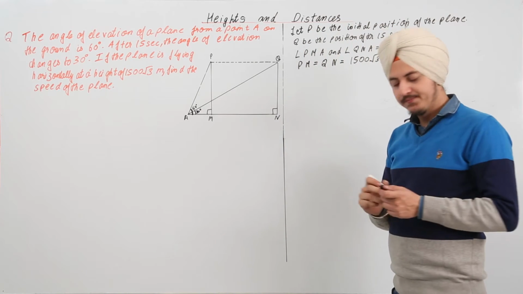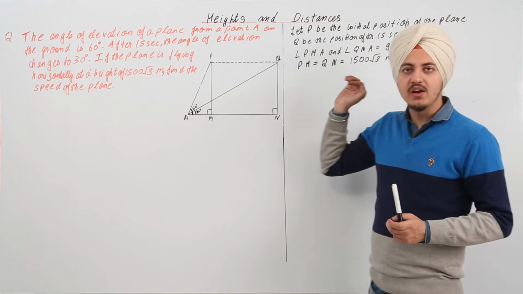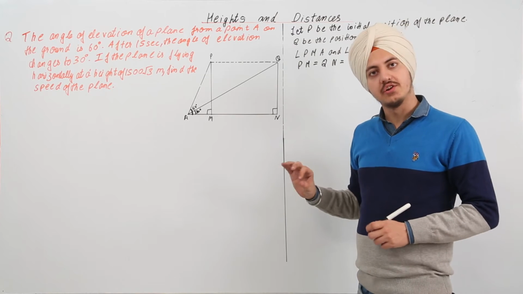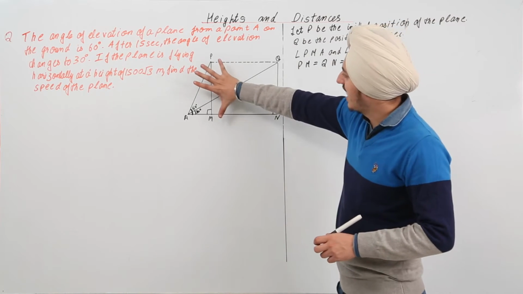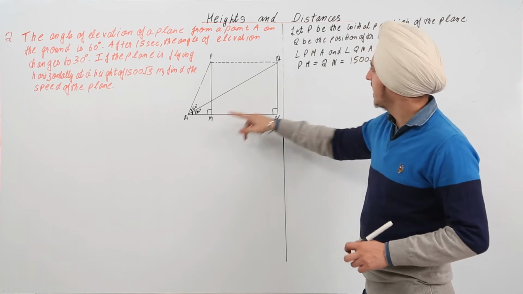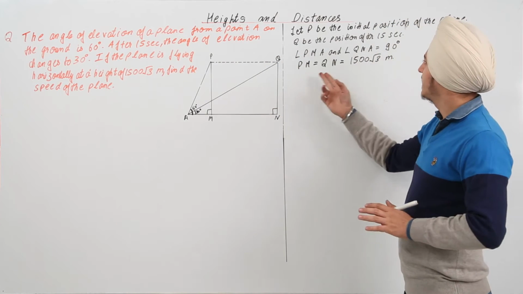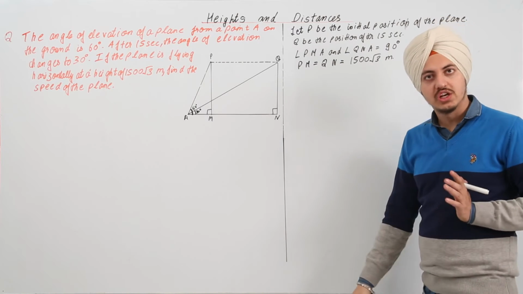Do you understand why? Because it is given that the plane is flying horizontally at a height of 1500 root 3 meters. So this is the height of the plane, that is PM, and after 15 seconds it is equal to QN, right? So PM is equal to QN is equal to 1500 root 3 meters.